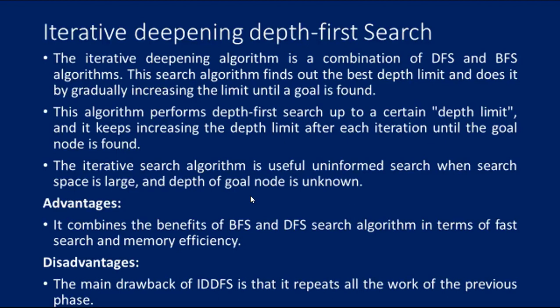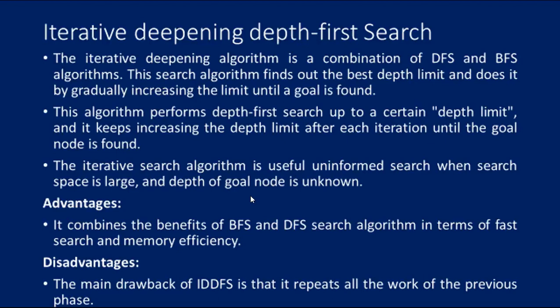This algorithm performs depth first search up to a certain depth limit and keeps increasing the depth limit after each iteration until the goal node is found. The search algorithm combines the benefits of BFS fast search and DFS memory efficiency. Since both are combined, both advantages come into this deepening search.